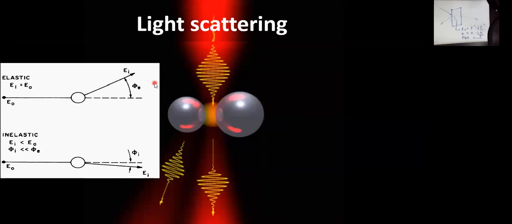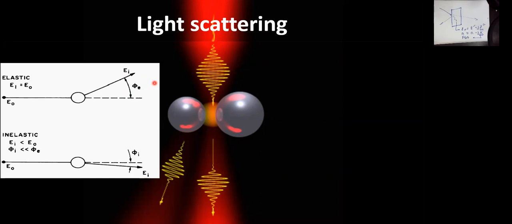Let's call it phi scattering, phi s, or whatever. But the photon maintains its energy. I mean, the input photon energy and the output photon energy are the same. So what is changed is just the direction of the photon or the light beam.